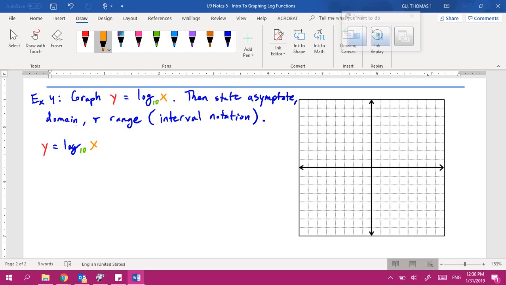Which would be 10 to the y equals x. That's correct. Now all we've done here is change the form. What else do I have to do? Switch the x and the y. So what do you end up with? That's right. Y equals 10 to the x.